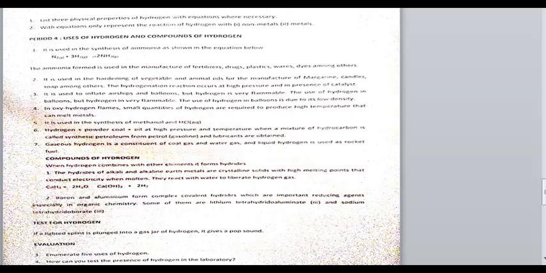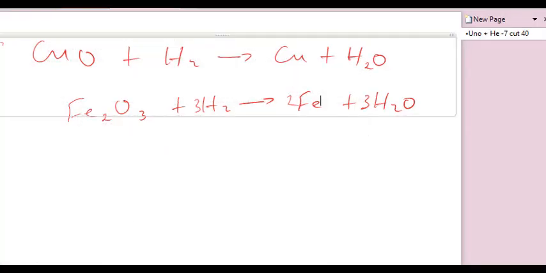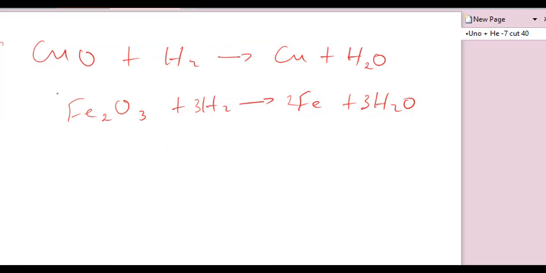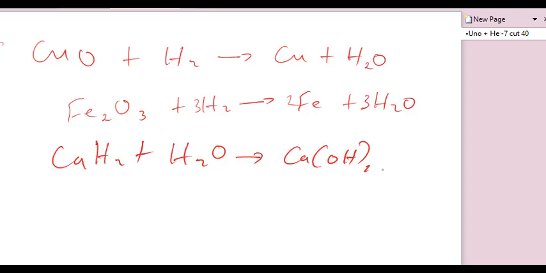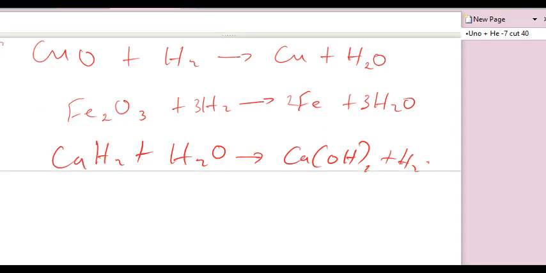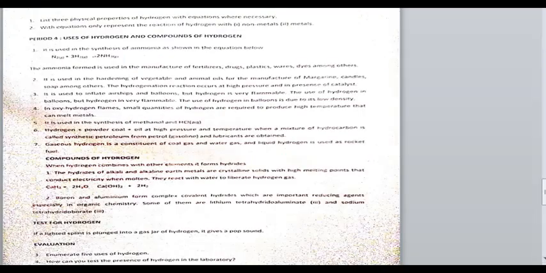Like in the case of calcium hydride, CaH2 plus H2O gives us calcium hydroxide, and it will give us hydrogen gas. Now that is the reaction of calcium hydride with water.